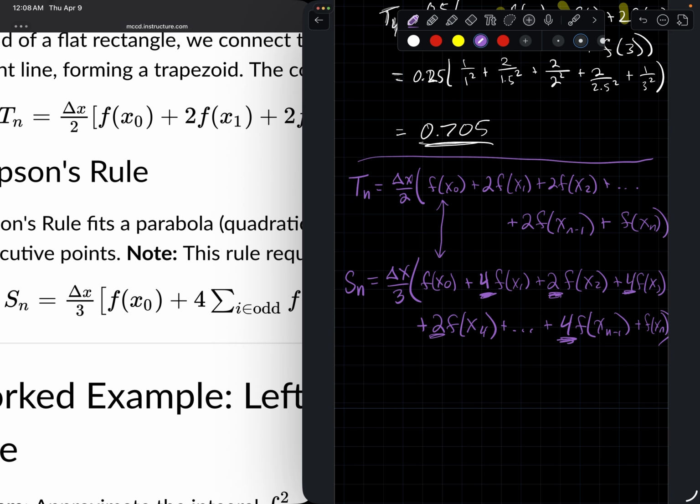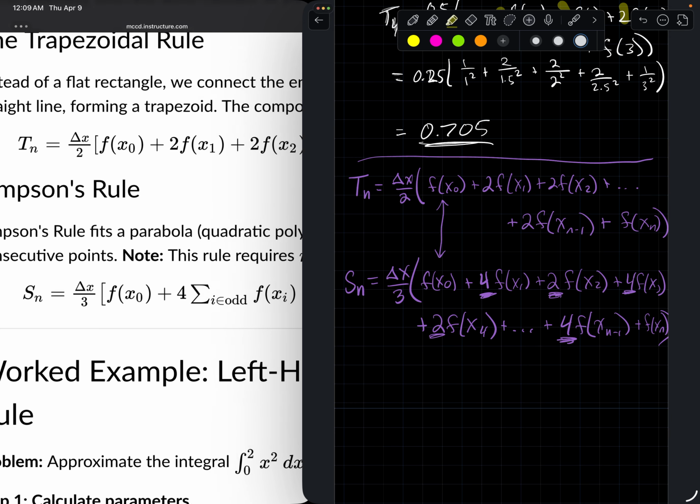And so you just have to understand this pattern of 4, then 2, then 4, then 2. And when you get to the end, it'll be a 4 that you end with before you get to the last entry. That's hard to read, so let's just delete those.